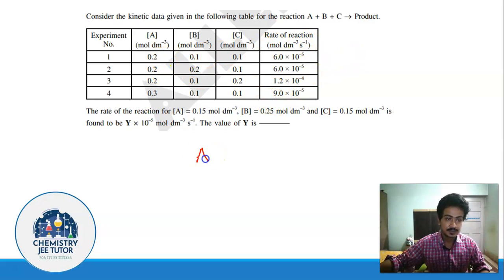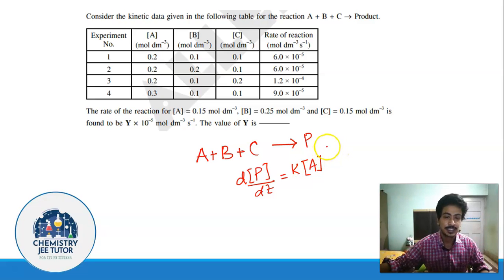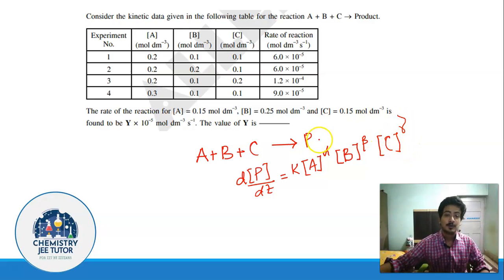In this case it was given A, B, C react to give the product, I am writing it as P. So you know very well the rate of the reaction is given by dP/dt equal to K into concentration of A to the power alpha, concentration of B to the power beta, and concentration of C to the power gamma, where alpha, beta and gamma are the orders of the reaction with respect to A, B and C respectively.